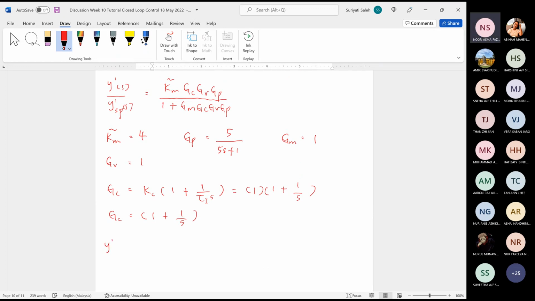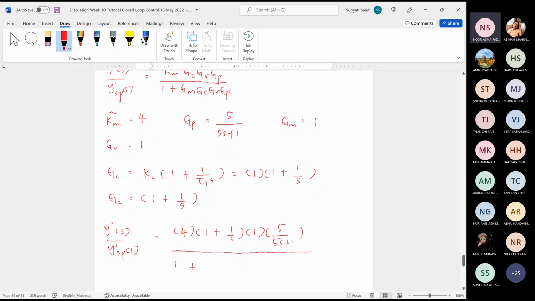So y prime S over y prime SP S equal to Km bar, which is 4, your GC now is 1 plus 1 over S, GV equal to 1, GP is 5 over 5S plus 1, divided by 1 plus GM equal to 1, GC 1 plus 1 over S, GV equal to 1 and GP 5 over 5S plus 1.